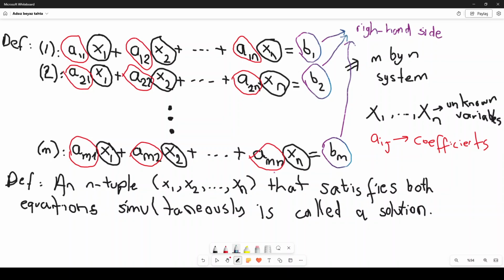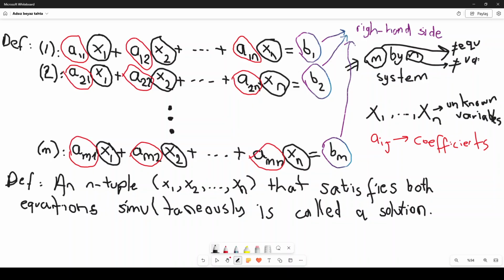And again, we call such a system an m by n system, because why? Because m corresponds to the number of equations, whereas n represents the number of unknown variables.